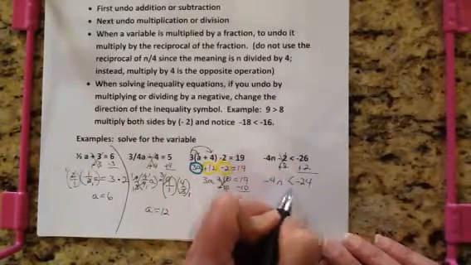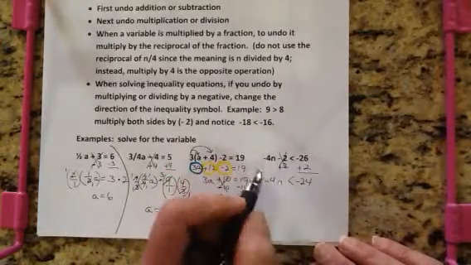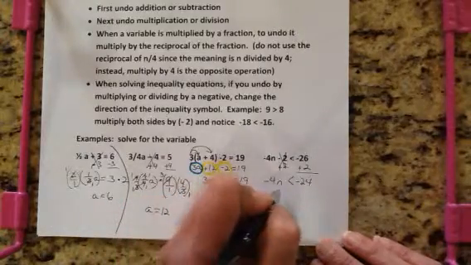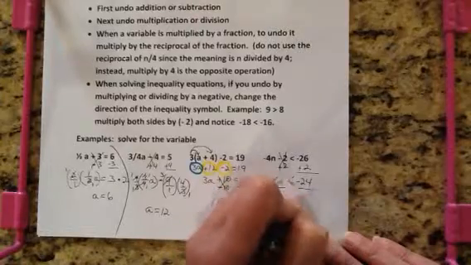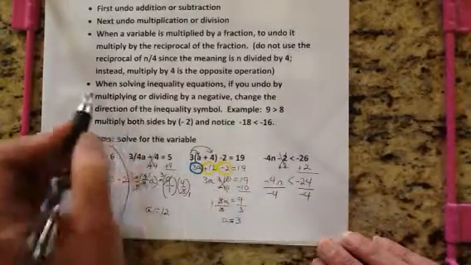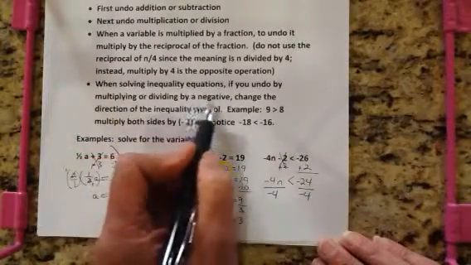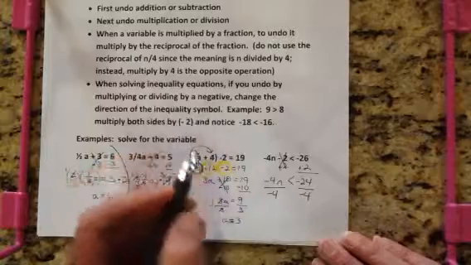Notice I did not reverse my inequality sign yet because I didn't multiply or divide. However, now I will. I need to divide by -4, divide by -4. Notice what it says when solving inequalities. If you undo by multiplying or dividing by a negative, change the direction of the inequality symbol.